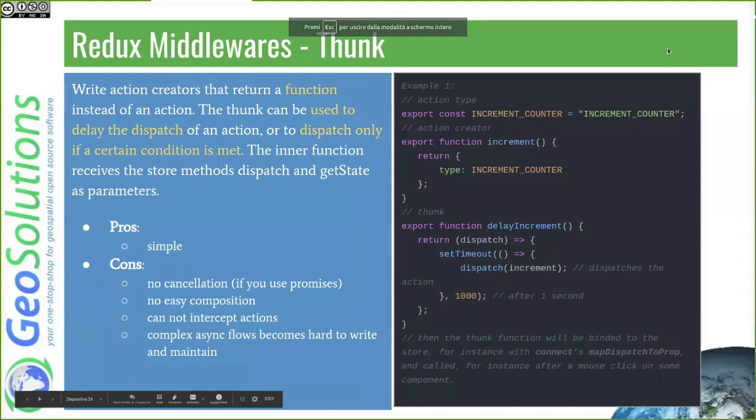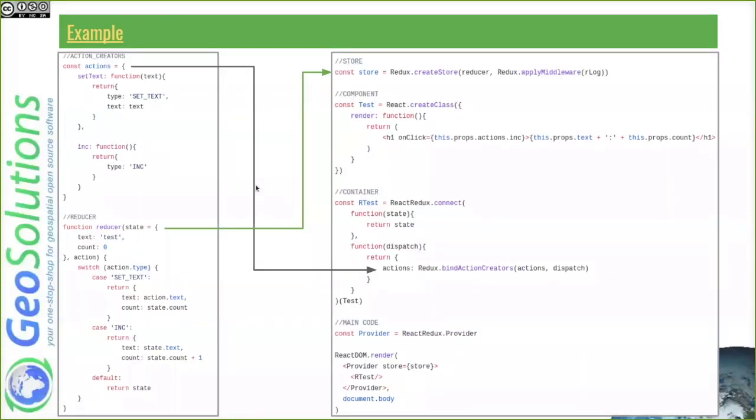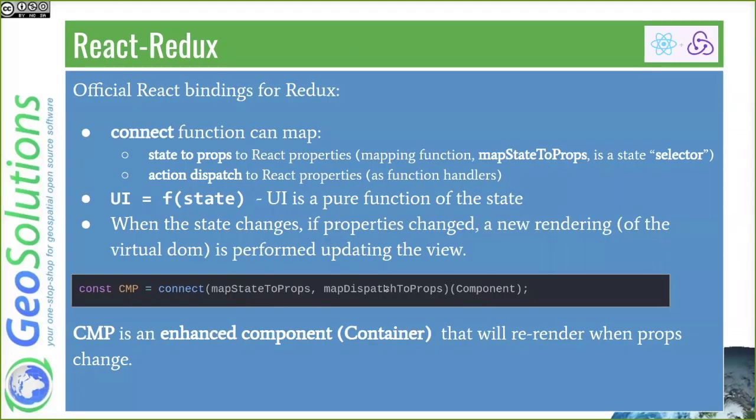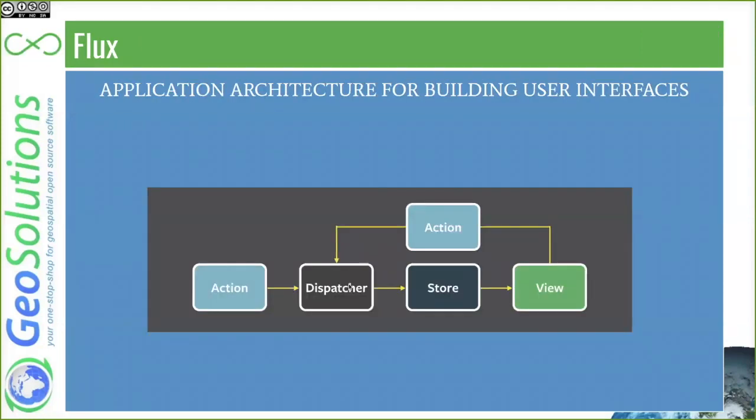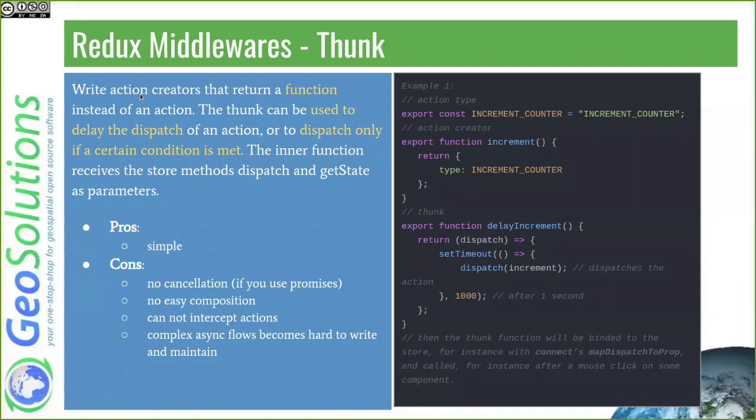The simplest middleware you can imagine in Redux is called Redux Thunk. I don't know what thunk means, but basically, when you dispatch actions, as I said, actions are objects. Instead of returning objects in action creators, you can return functions.